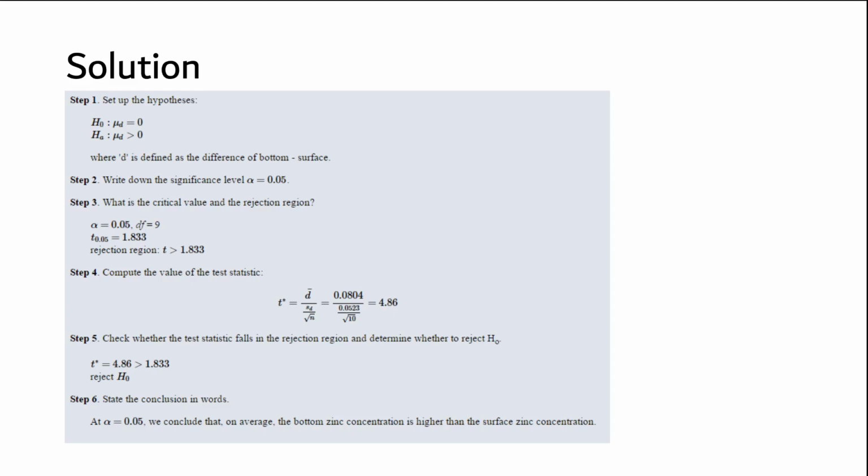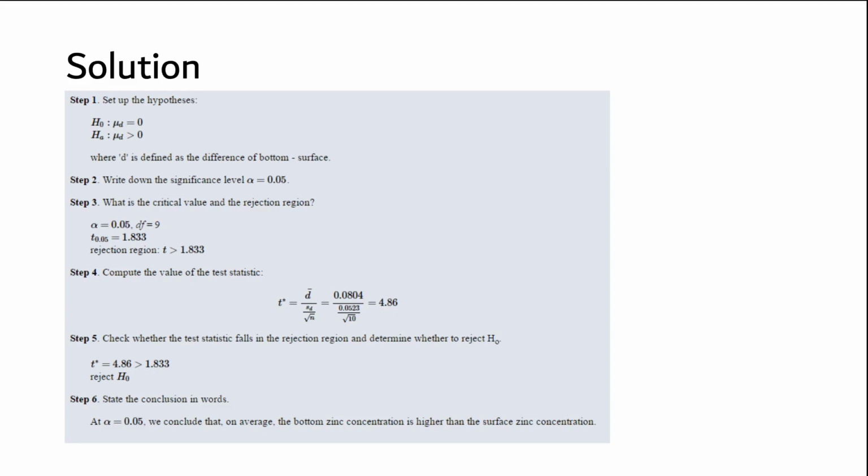We determine the critical t using the t table with alpha 0.05 and degrees of freedom 9, because we have 10 regions, so 10 minus 1 is 9. The critical t is 1.833.